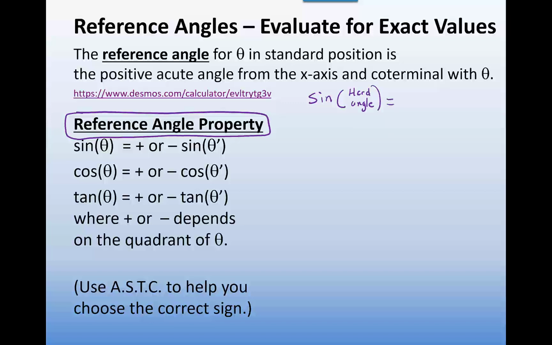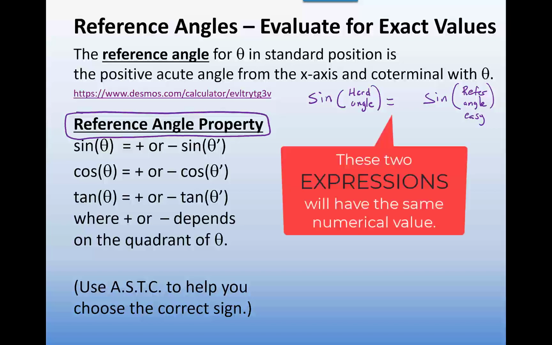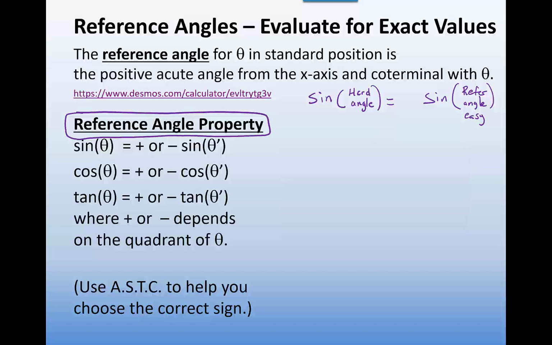Well, the sine of a hard angle is going to have this exact same answer as the sine of the reference angle, which is an easy angle. So numerically, these two equations are going to have the same number answer. The only difference is the hard angle may be in quadrant 2, 3, or 4.